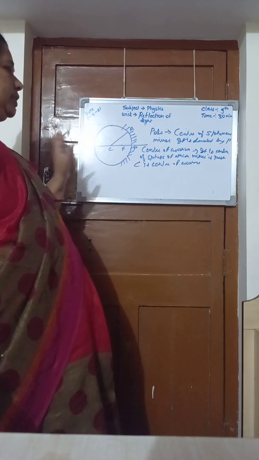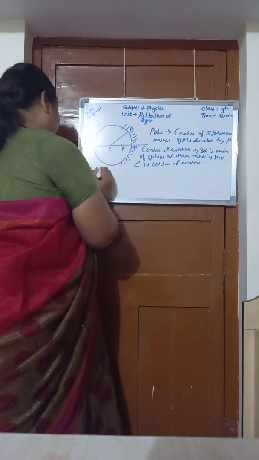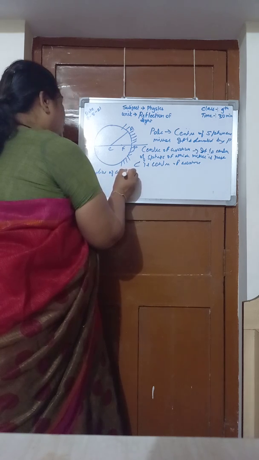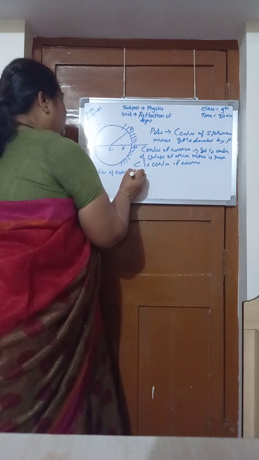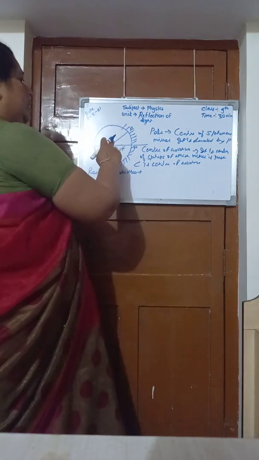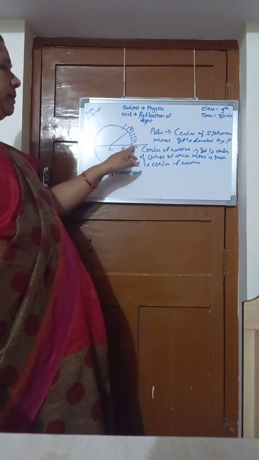Then we have to define radius of curvature. What is the radius of curvature? It is the distance between pole and center of curvature. This is the radius, CP is the radius.